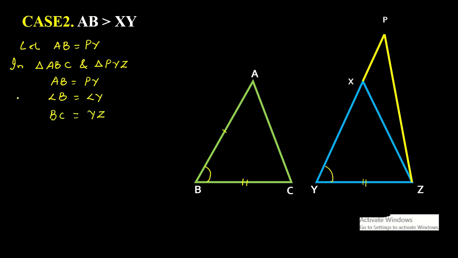So by the side angle side congruence criteria, the two triangles are congruent.